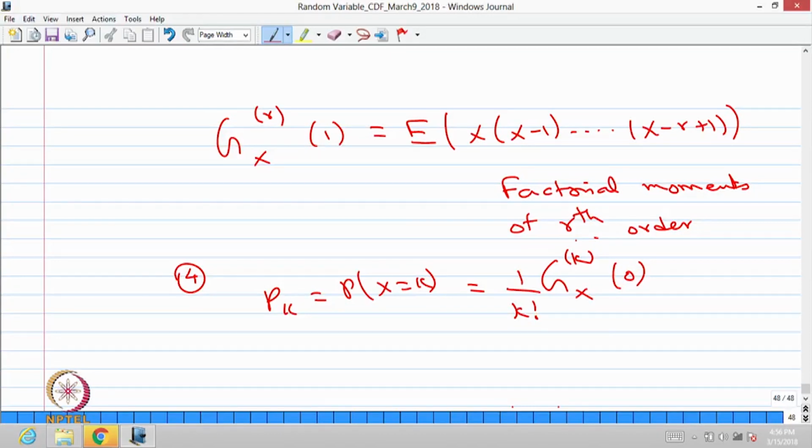Here k can take the value 1, 2 and so on.